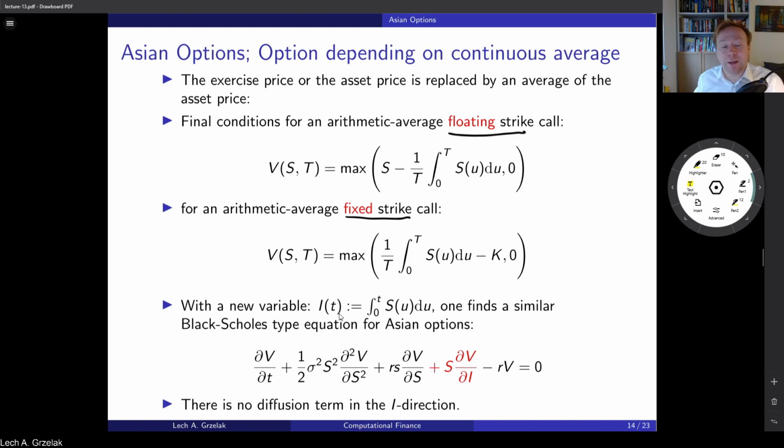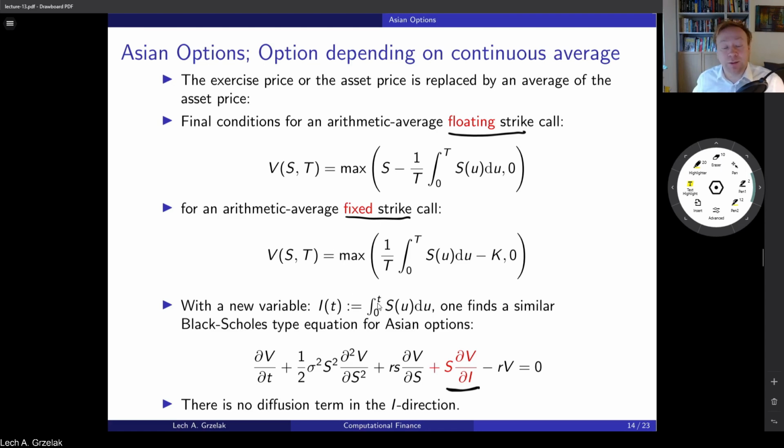Because I is defined as the integral over S(u) du, the pricing PDE would also involve an additional partial derivative. Later, we will go through the details of how to arrive at it, but keep in mind that by looking at the integral, we essentially add an extra dimension.